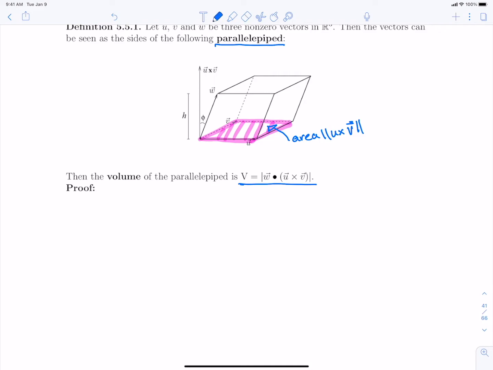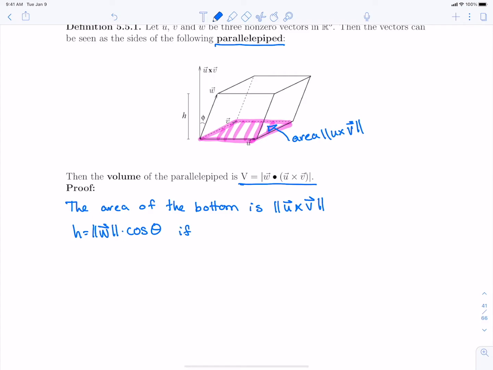Well, we can start by saying that the area of the bottom, in this case of the parallelepiped, is the magnitude of U cross V. H, being our height, can actually be determined by the magnitude of W times cos theta if we make sure that it's an acute angle, so it's less than pi by 2.